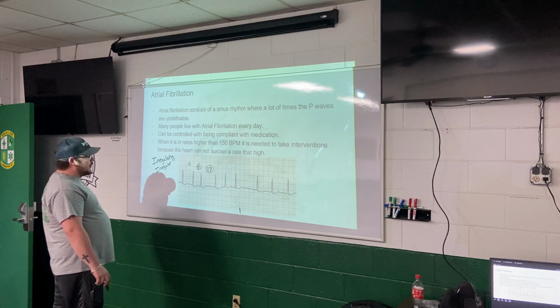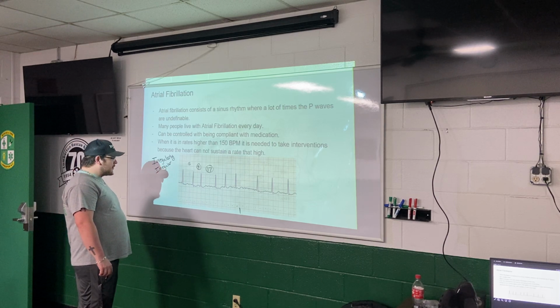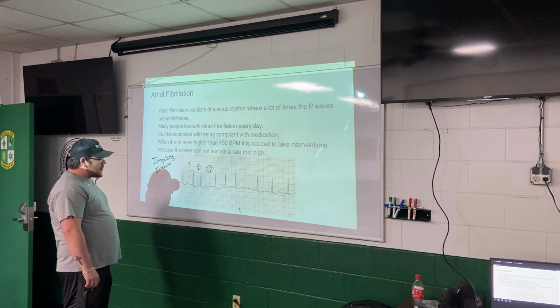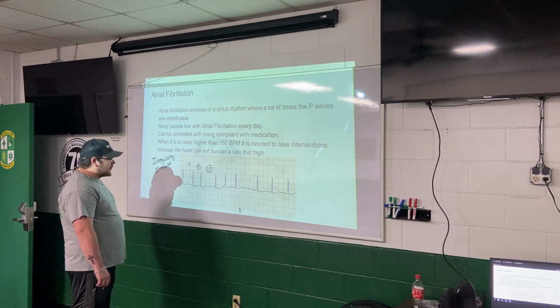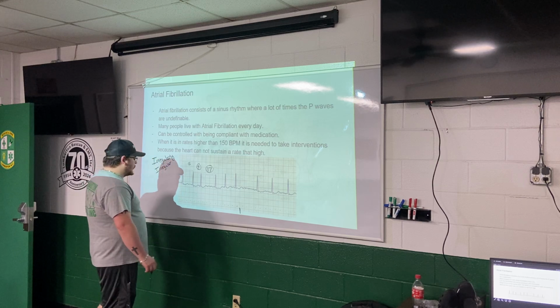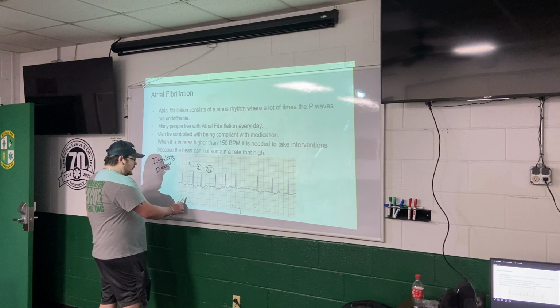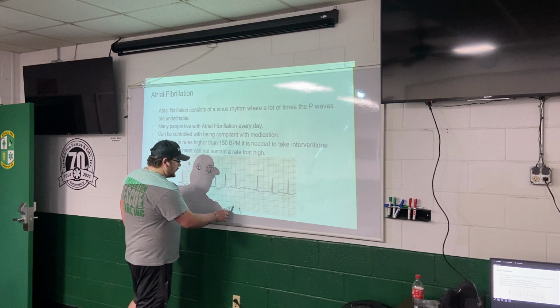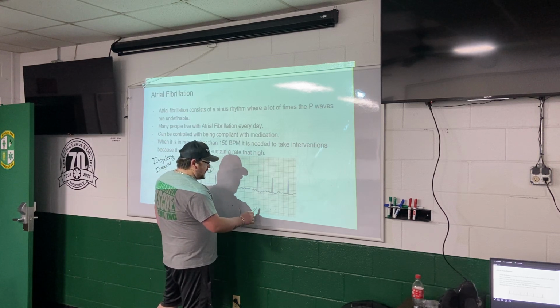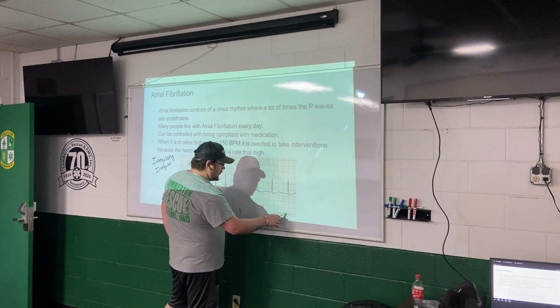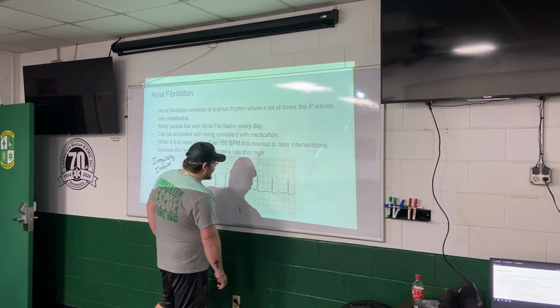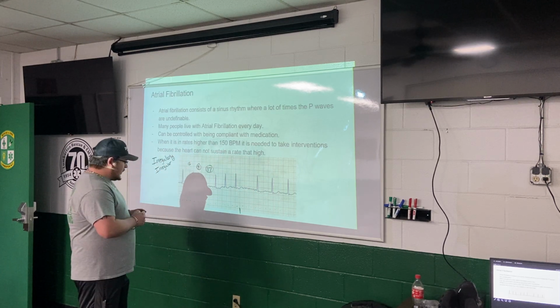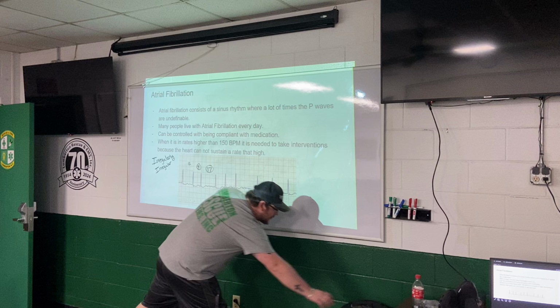And we can't use our 300 method. So what we'll do is, let's see how many we have. 1, 2, 3. Nope. Can't find the heart rate on that one.